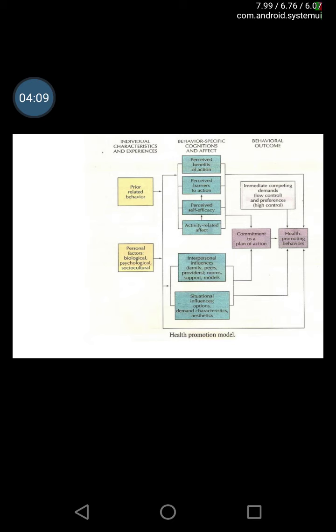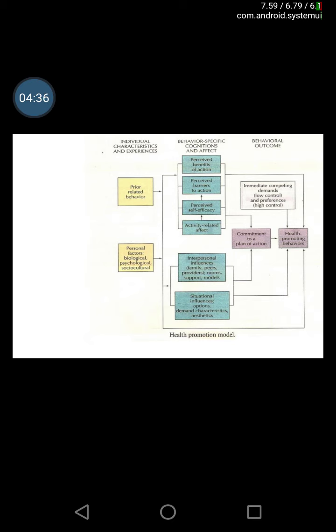Second is personal factors, that is biological factors, psychological and socio-cultural. With the help of our initial assessment, we can assess the personal factors. First is biological factors: while doing the physical examination, we can assess the body mass index, weight of the person, agility, his physical status and so on.